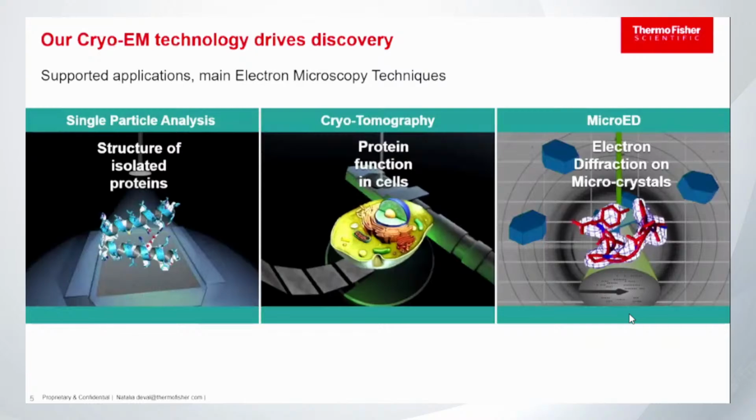It was developed by Tamir Gonen, first at Janelia Farm, and he moved, I think, about 4 years ago to UCLA. It's a mix between crystallography and electron diffraction. You are working with very small crystals that are not good enough for crystallography because they are very tiny, but you can still use them for diffraction under the transmission electron microscope.